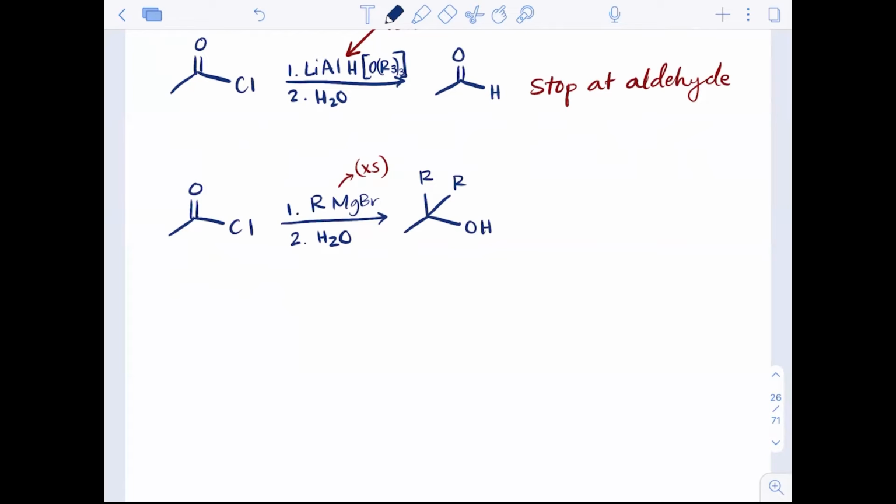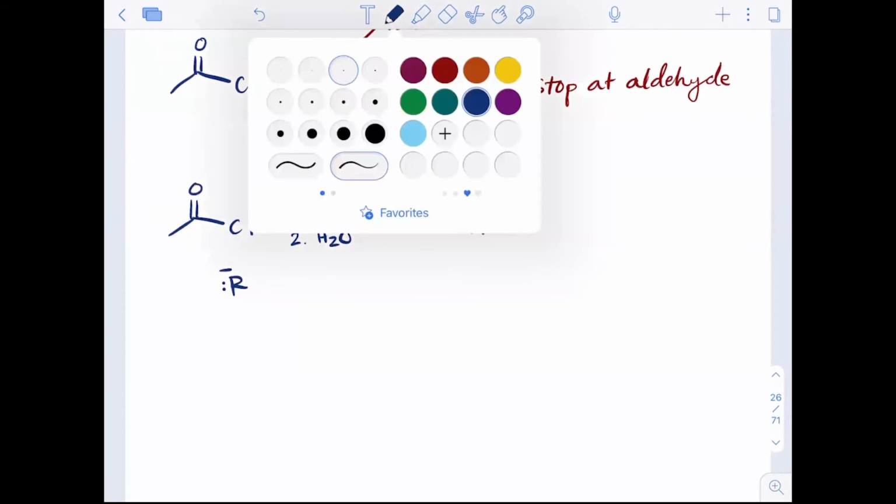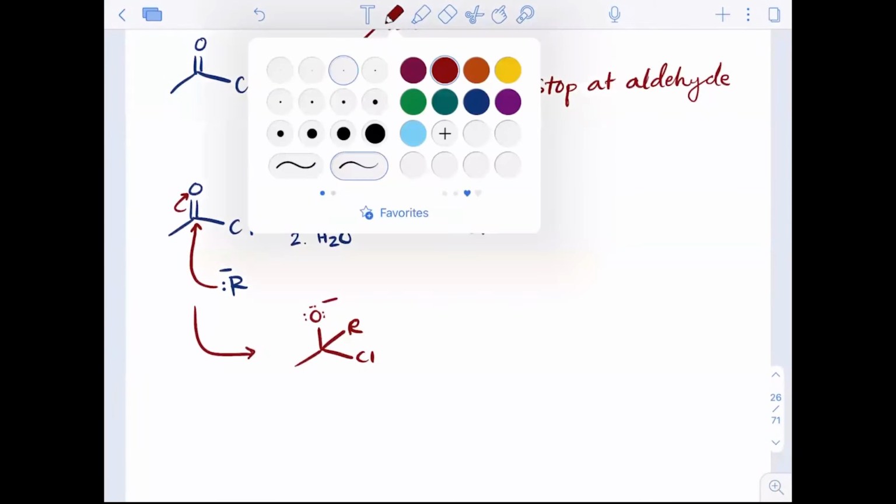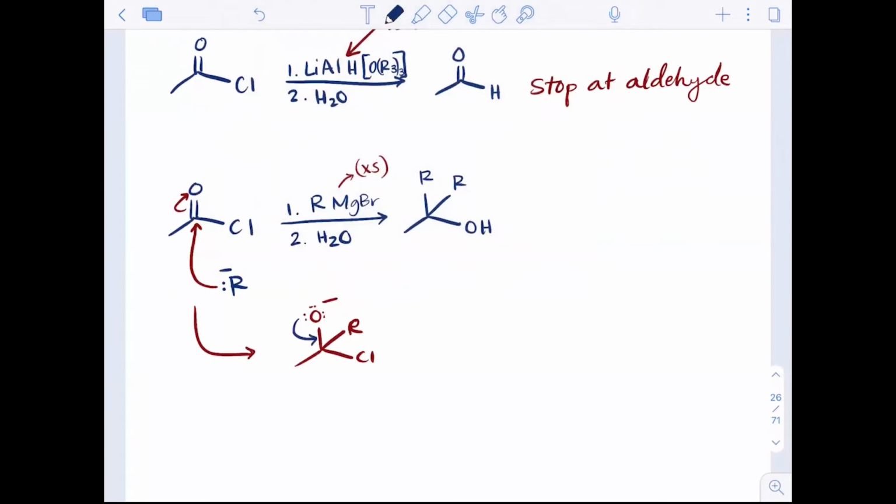Let's go through that mechanism. Again, a Grignard is going to be a carbon nucleophile. Carbon will add onto the carbon of the carbonyl, forming that tetrahedral intermediate. The first product is going to be that of a ketone once the chlorine is substituted. Nice.